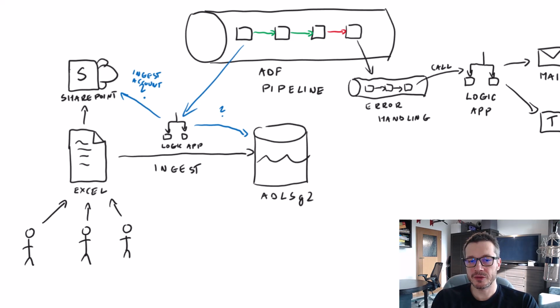So we would change the trigger to this HTTP request from the one that we currently have that checks for changes inside a library. Again, it depends on our case. It depends what we want to achieve and how often the file changes.